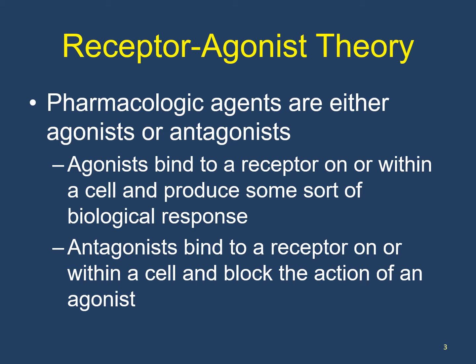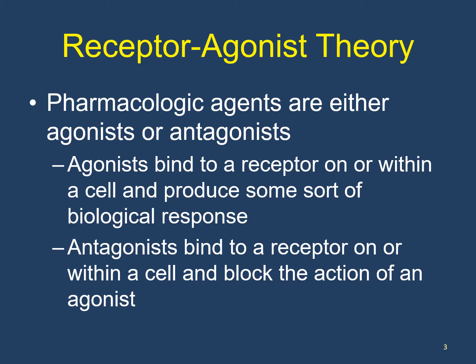And just like the slide says, when we prescribe a prescription medication for a patient, it is either an agonist or an antagonist. Either it produces a response or it blocks a natural response from happening. And every drug falls into one of these 2 categories. Every drug is either an agonist or an antagonist.